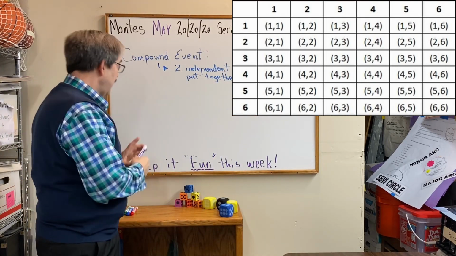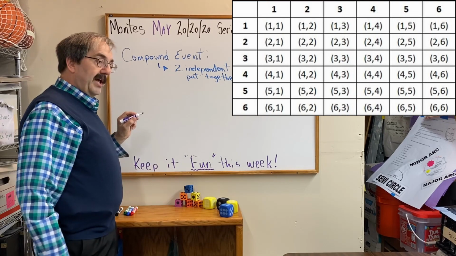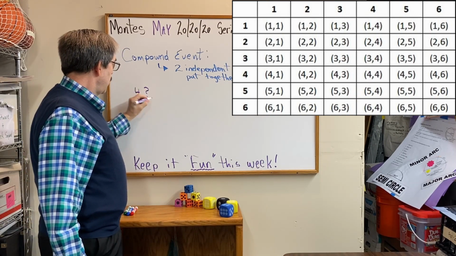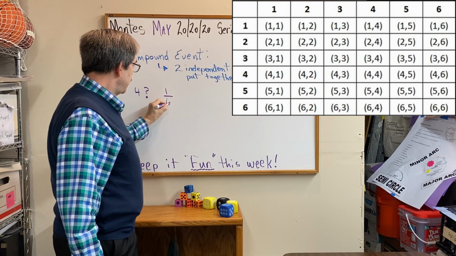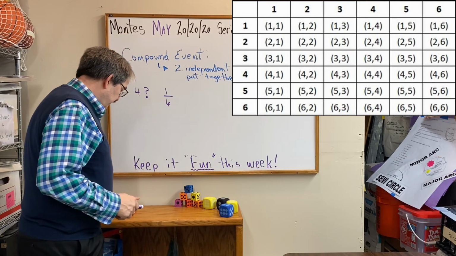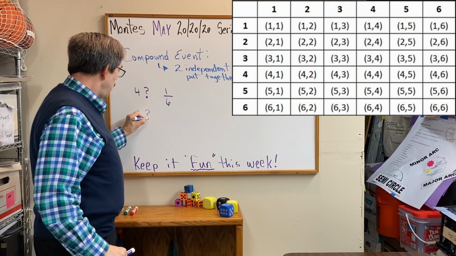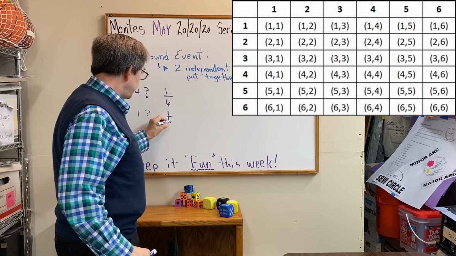So let's write that up. The chance of rolling a 4 was 1 out of 6. The chance of rolling a 1 was 1 out of 6.